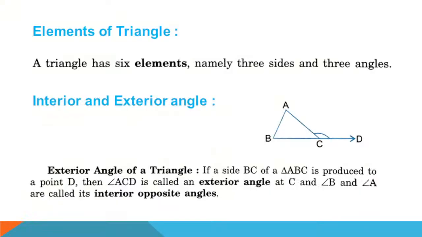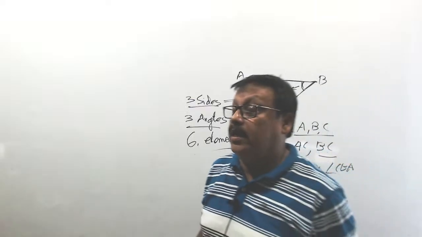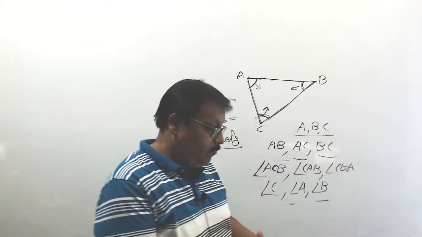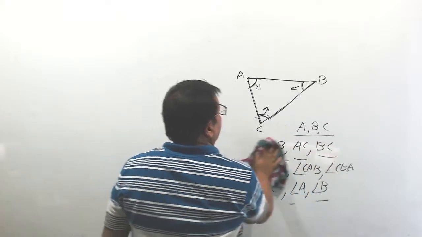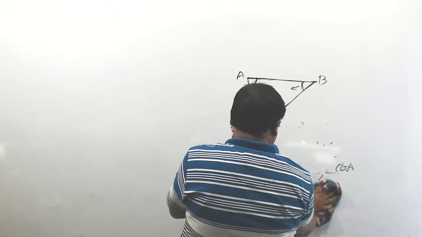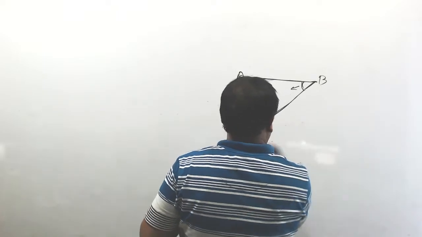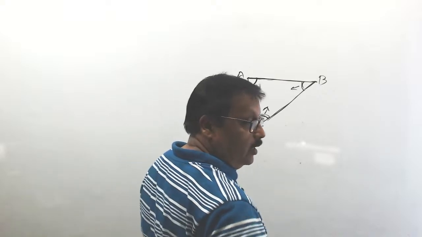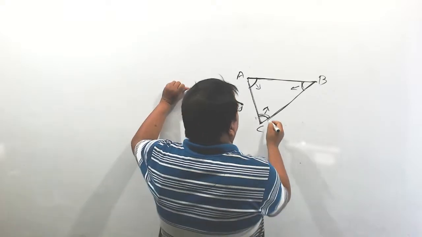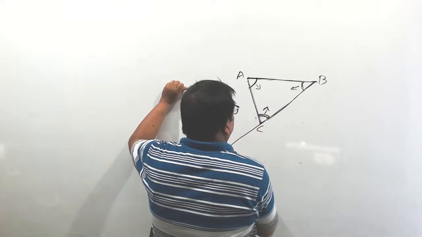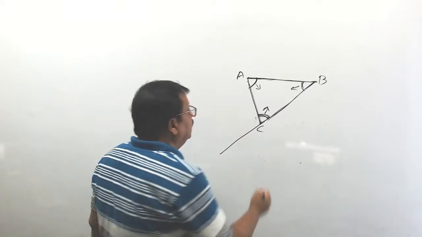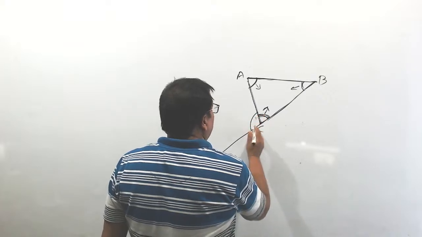Now let's define interior and exterior angle. Consider this triangle. Just as I told, these all are interior angles. If you extend this line, then here will be one more angle.